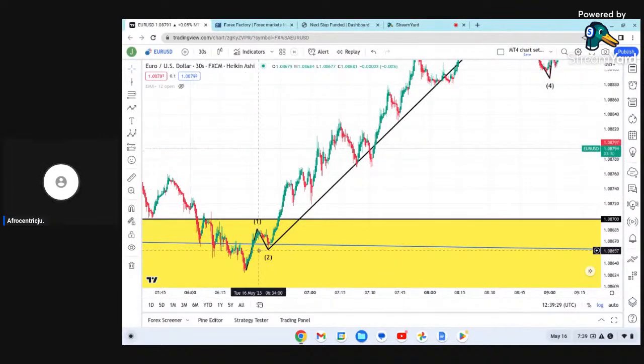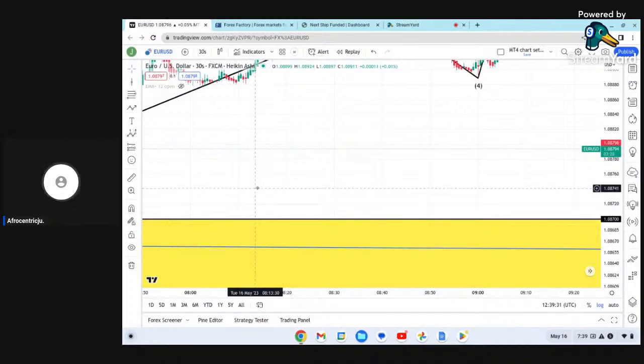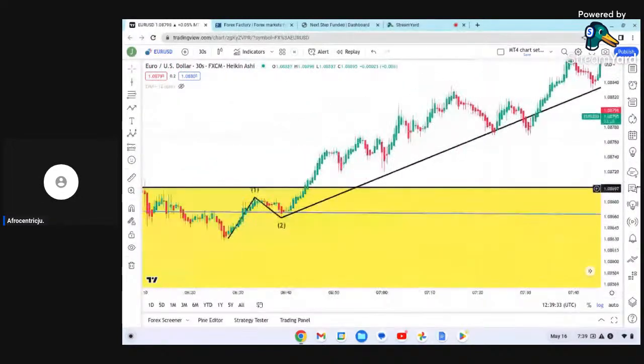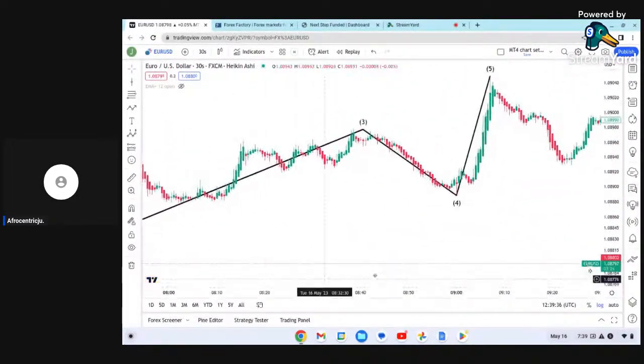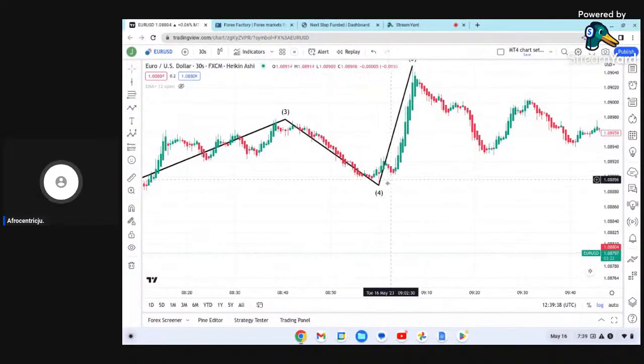All right, so I'll zoom in over here. Right here you've got obviously bearish movement, and then you have this rejection candle right here on my crosshairs.